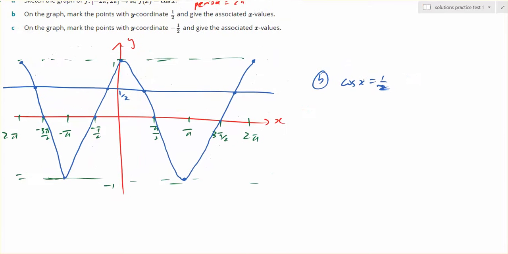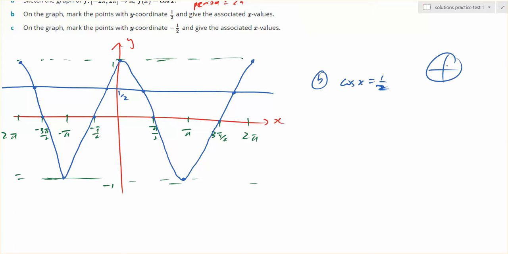Since a half is positive, I know cos is positive in the first and fourth quadrants. And my basic angle, which yields a half for cos, is pi over 3.